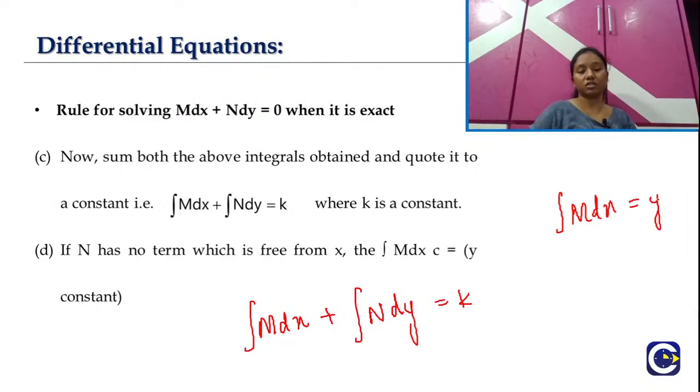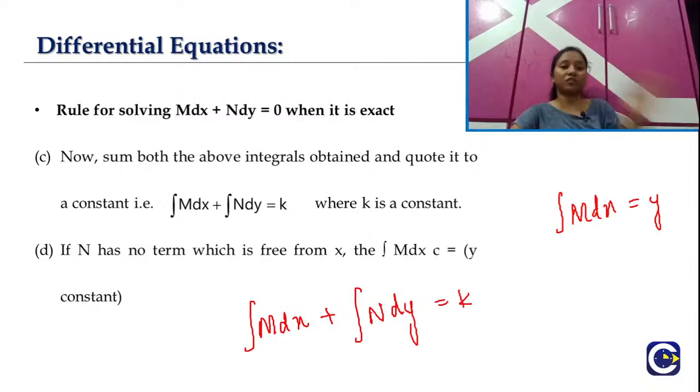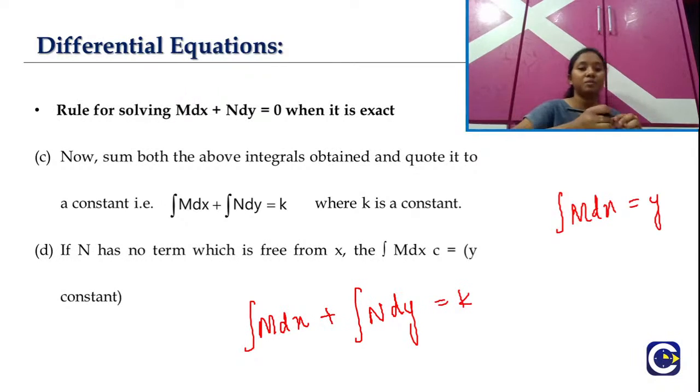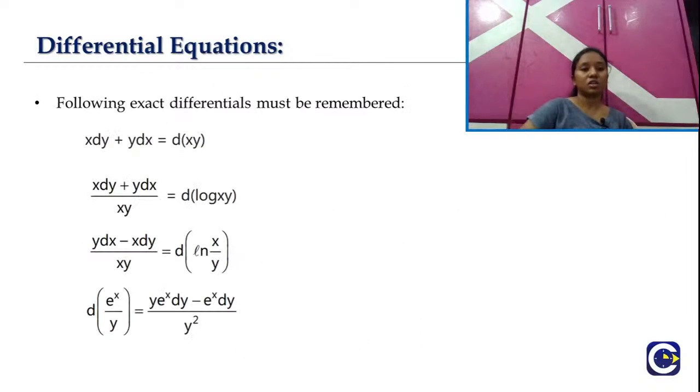So this is how we'll be solving exact differential equations: by taking one variable to be constant, integrating with respect to the other variable, doing the same for the second, and finally summing up. Those are the rules to follow here.